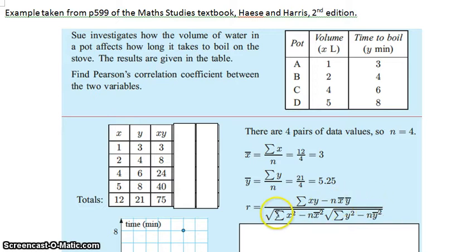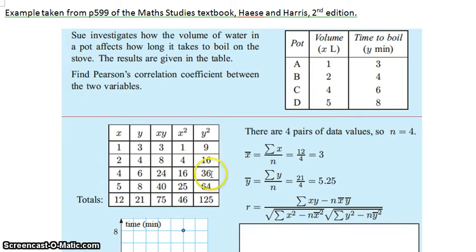If you go now onto the denominator, we've got the square root of the sum of x squared. So go back to your table. We know what x is, but we need now x squared. So 1 times 1 is 1, 2 2s are 4, 4 4s are 16, 5 5s are 25. You'll notice later you'll need y squared, so let's put that in, and there's your table.